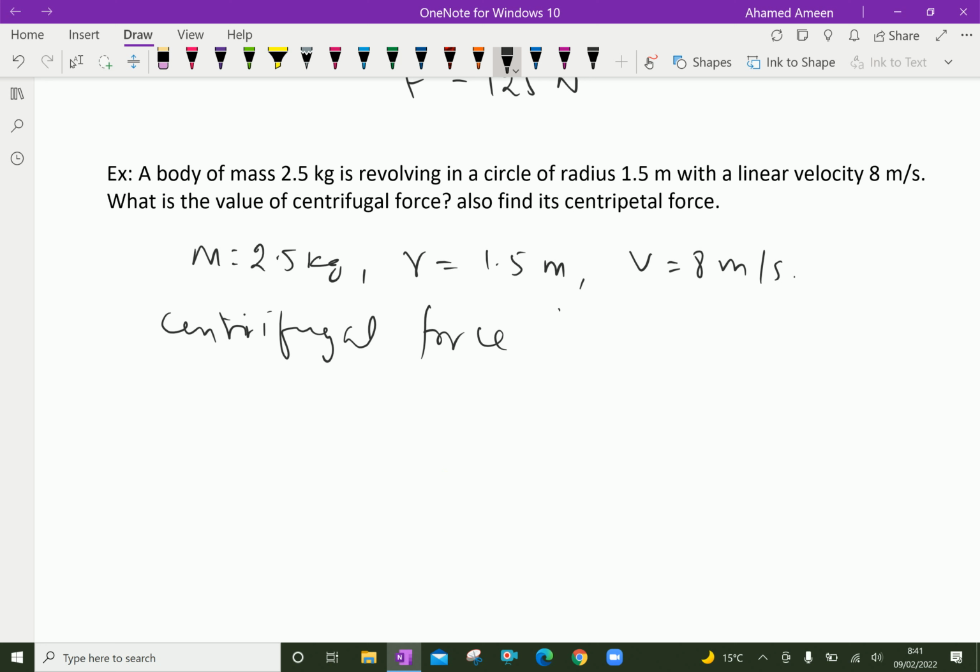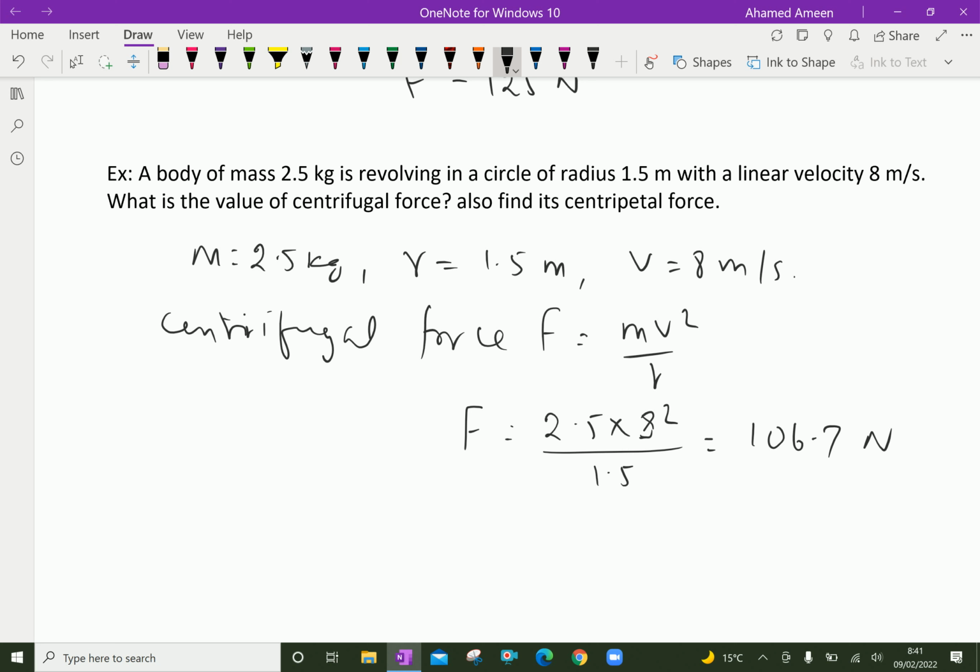Centrifugal force F equal mv squared over r. Therefore, which is equal to 2.5, m is 2.5, v is 8, that squared, over r is 1.5, equal 106.7 Newton.